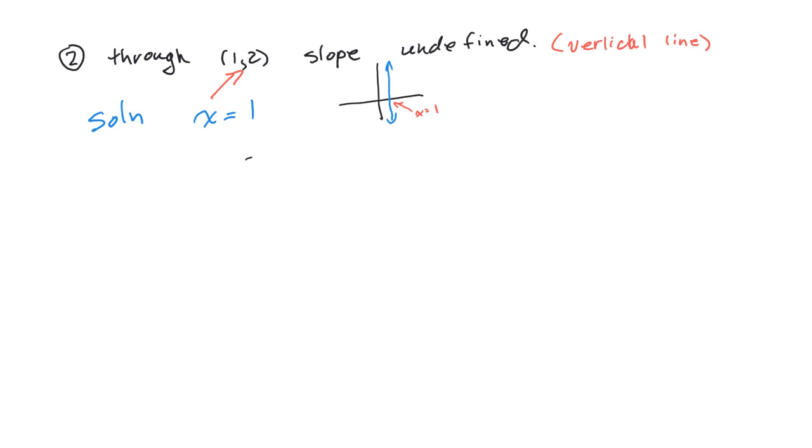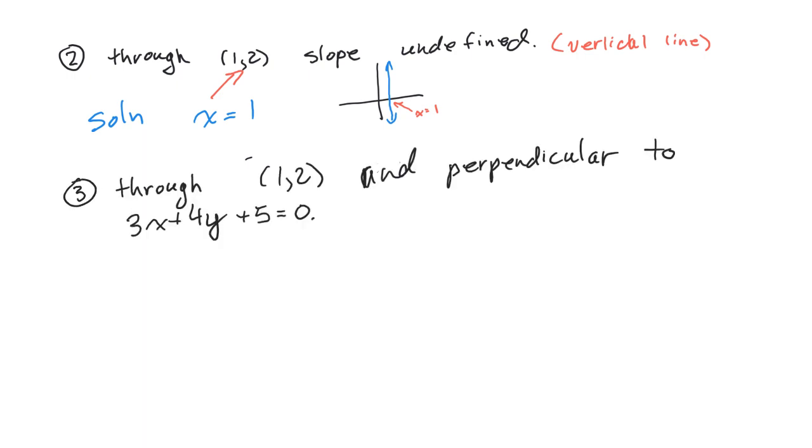So now let's try another problem. Imagine I have this new problem where I'm going through the point (1, 2), or let's change that. Instead of (1, 2), let's change that to (0, -2). We'll make that a nicer problem for later.